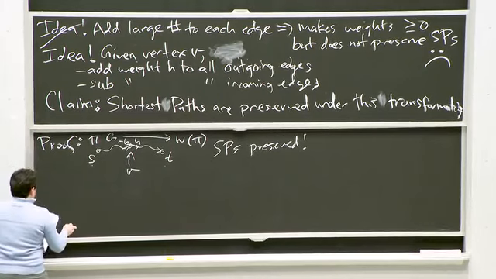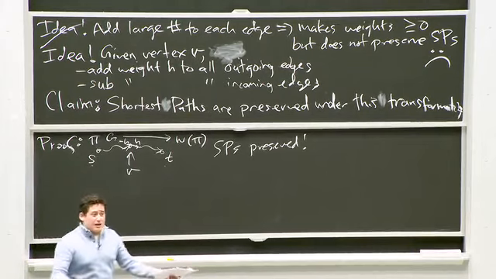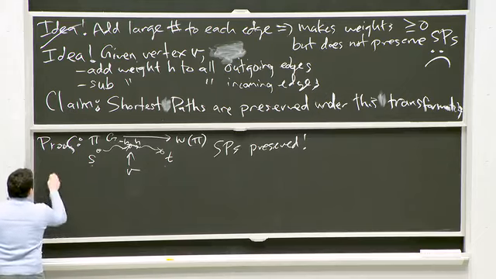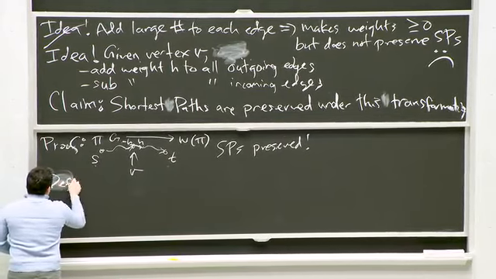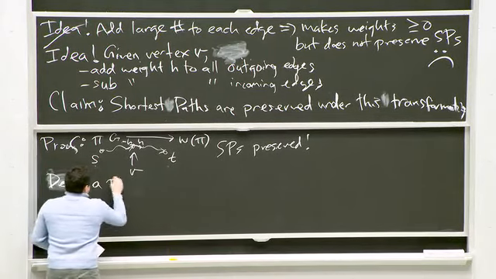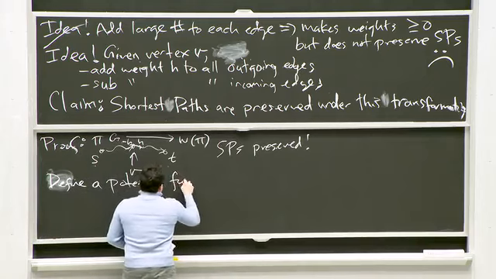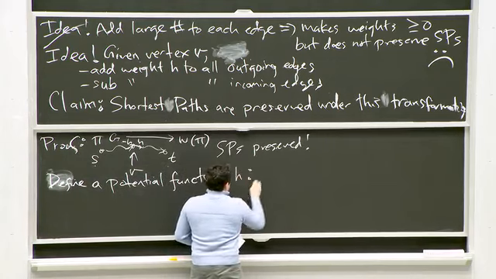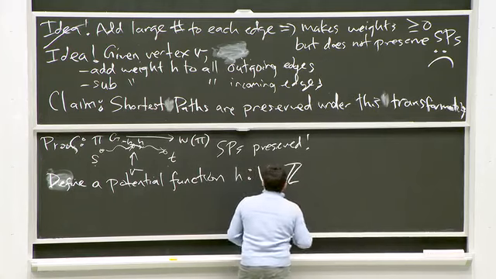Okay. What I'm going to do is I'm going to want to do this to give me flexibility for changing all the edge weights in my graph to have this property. I'm going to set or define a potential function H that maps vertices to integers.